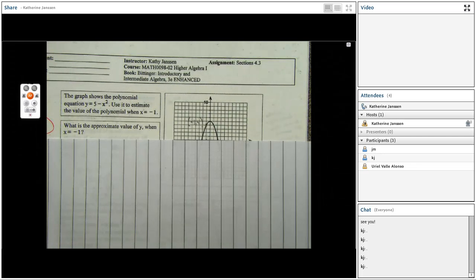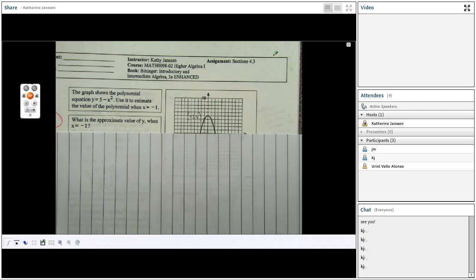Okay, we're supposed to graph, so we'll use GeoGebra. We're supposed to graph y equals 5 minus x squared.